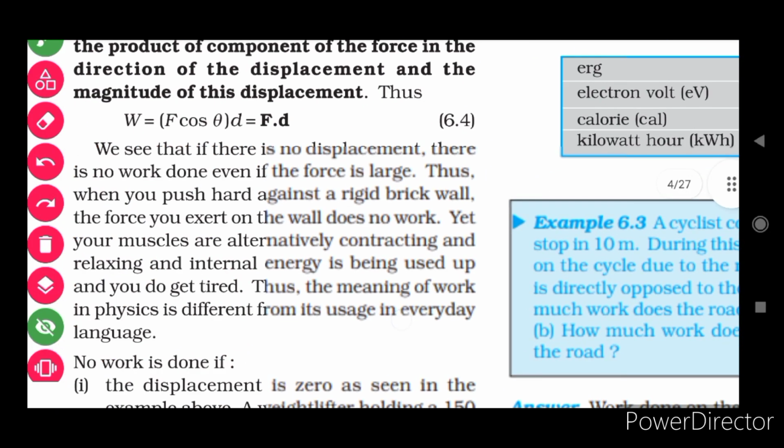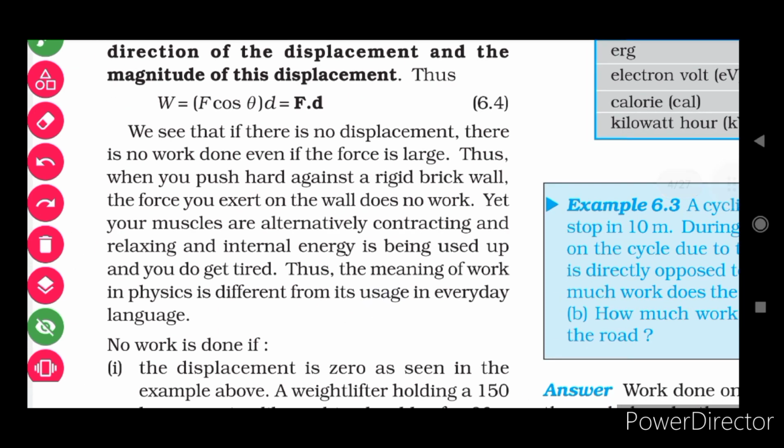Thus, when you push hard against a rigid brick wall, the force you exert on the wall does no work, yet your muscles are alternately contracting and relaxing, internal energy is being used up, and you get tired. Thus the meaning of work in physics is different from its use in everyday language. This is a very common example: you feel tired if you keep pushing a wall for a very long time, but the wall has not moved.